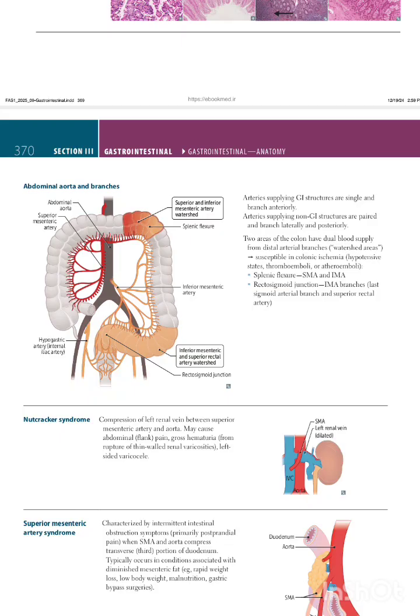Two areas of colon have dual blood supply, which makes these parts susceptible to colon ischemia. One of them is the splenic flexure, whose blood supply is provided by SMA and IMA.